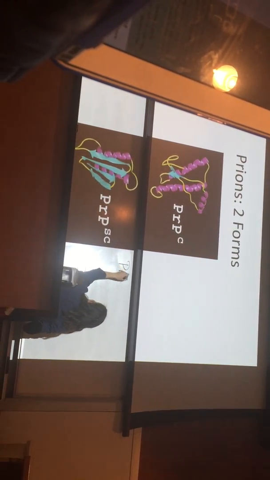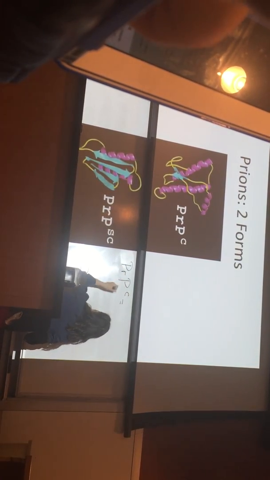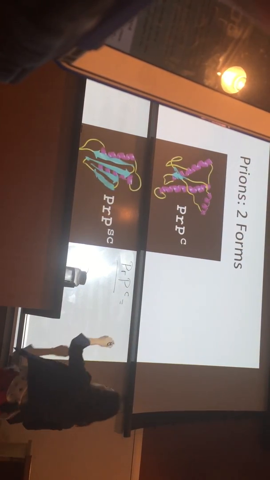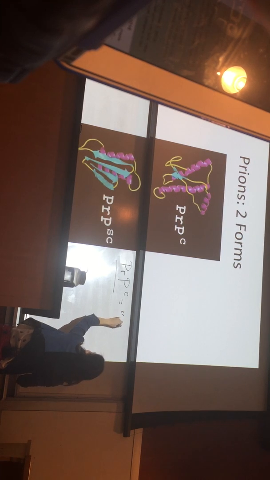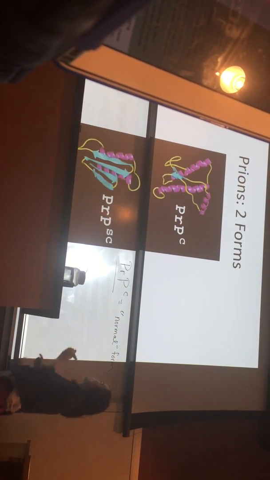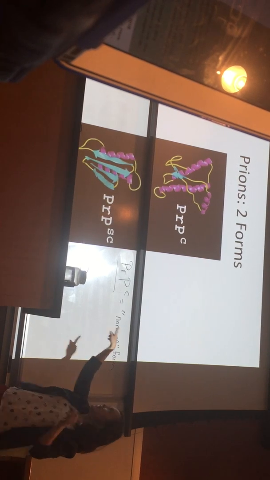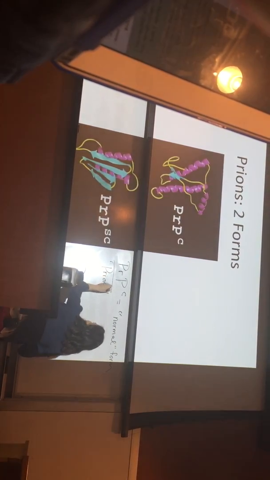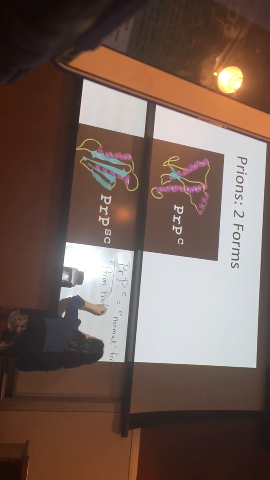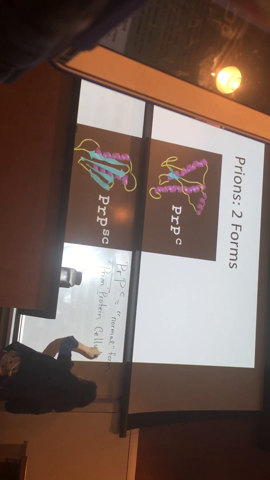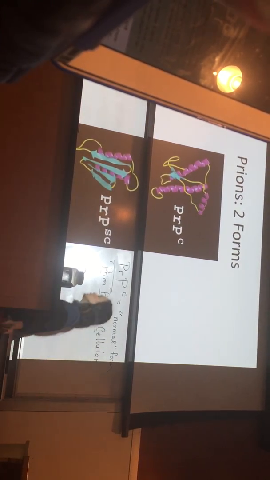On top it says PrP-C, and PrP-C is the quote-unquote normal form. What PrP-C stands for is prion protein, and then cellular, that's the normal form.